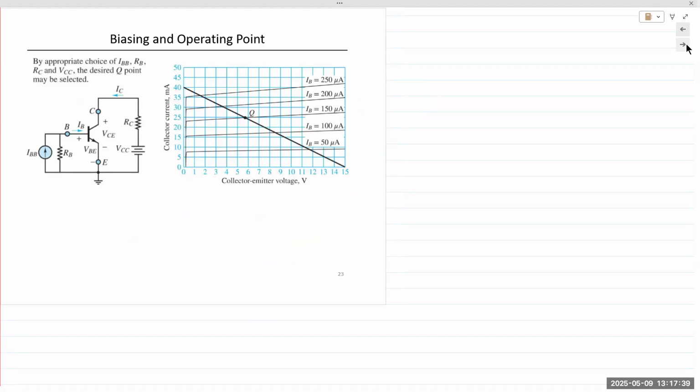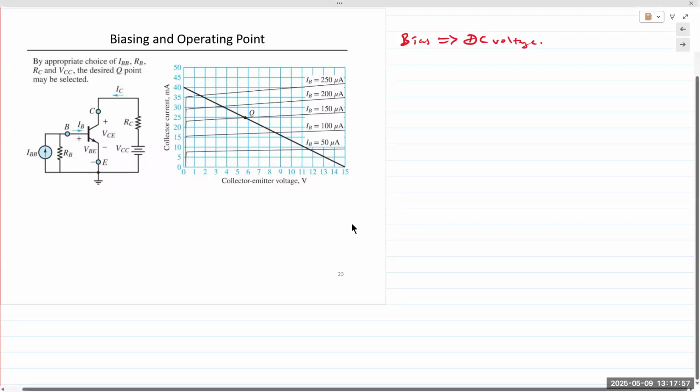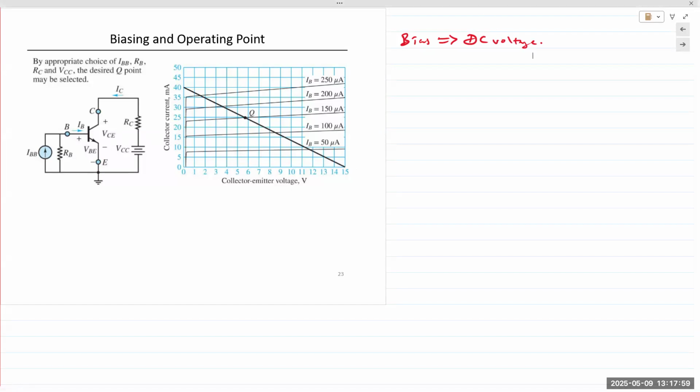Well, the application of DC voltage means we are biasing our circuit, we are biasing our device. Okay, so biasing in this case is the application of DC voltage.